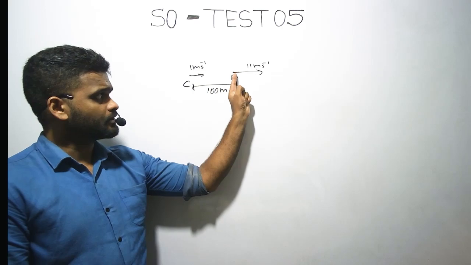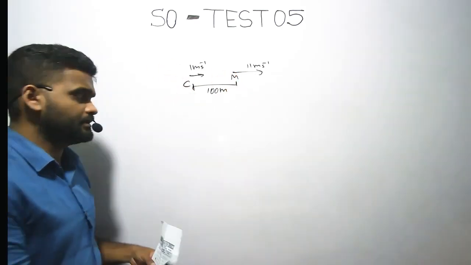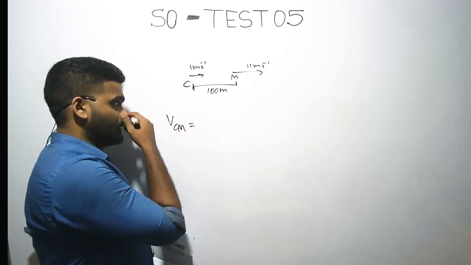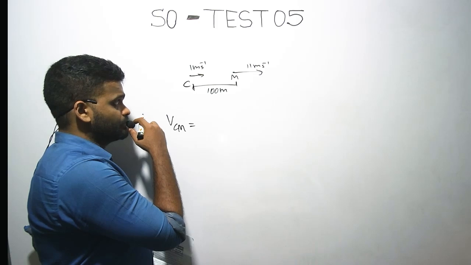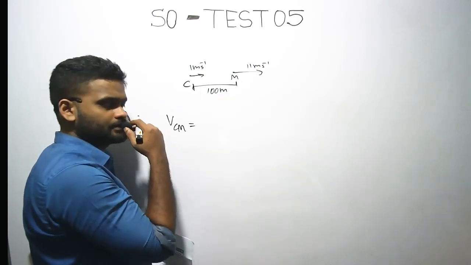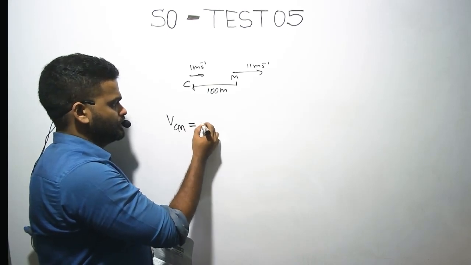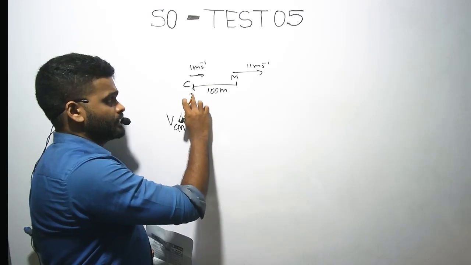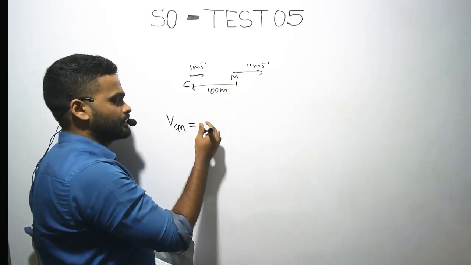So this is how you have to think. If you stop the motorbike, first find the relative velocity between these two. I'm thinking about whether it should be the cyclist or the motorbike. I'll stop the motorbike. Since these are to the same side, you have to subtract the velocities.